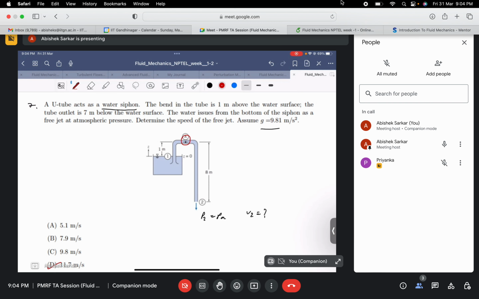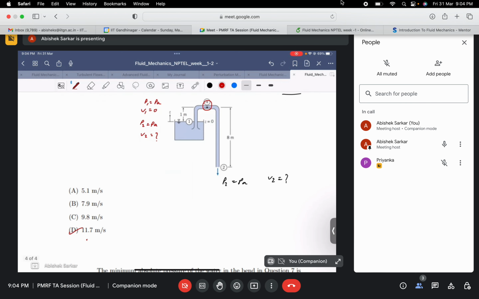At P1 equal to PA, V1 would be equal to 0, I guess you have taken, right? Yes, sir. Okay, and then P2 is equal to PA again, then V2 you need to find out. So the only variable that remains is V2 and it depends on the height difference. So keeping that in mind, you get V equal to 11.7 meter per second.